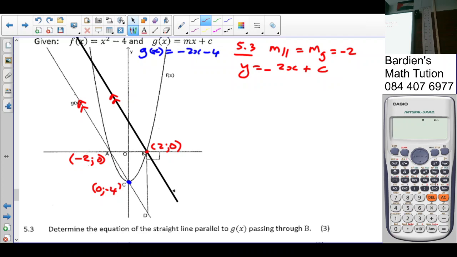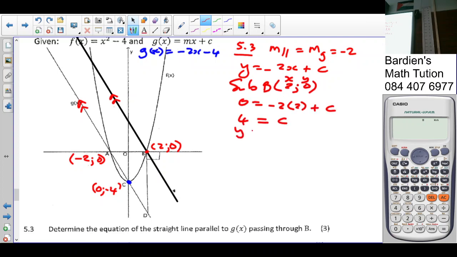We have B. We'll sub in B, which is 2 and 0, the x and the y. So 0 is equal to negative 2 times 2 plus c. That's negative 4, so c is 4. y is equal to negative 2x plus 4. Does it make sense? Okay. Let's go to the next question.